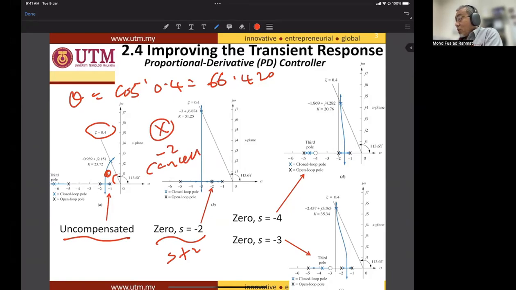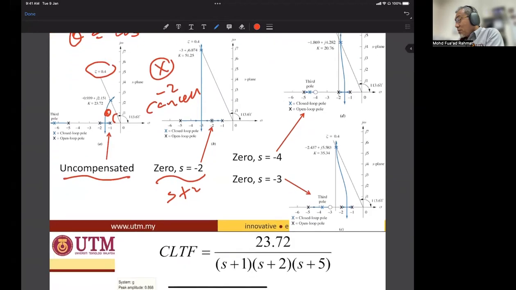Then we insert the zero at -4 and see what happened. The root locus also changes: the gain value changes, the dominant pole changes. The same for the zero at -3: the root locus, dominant pole and gain value also change.